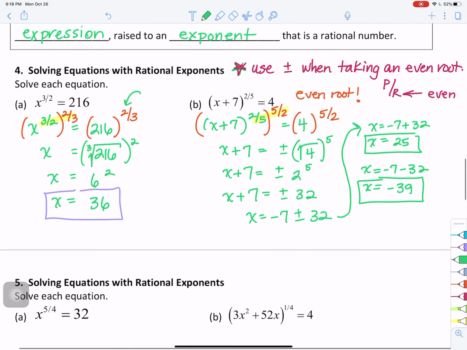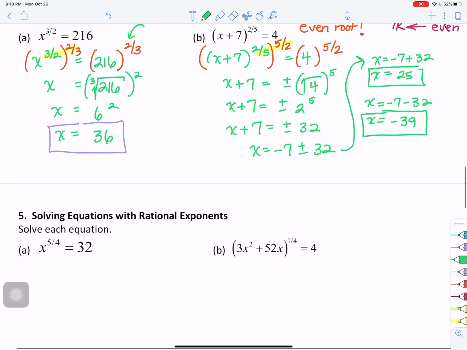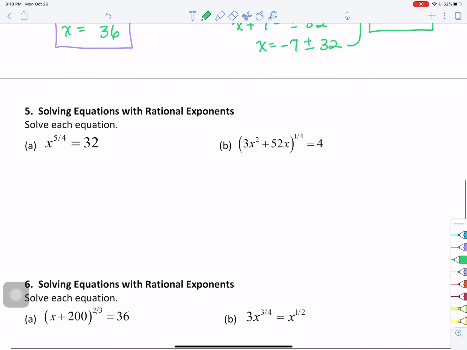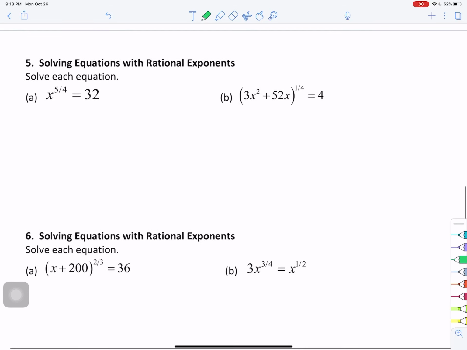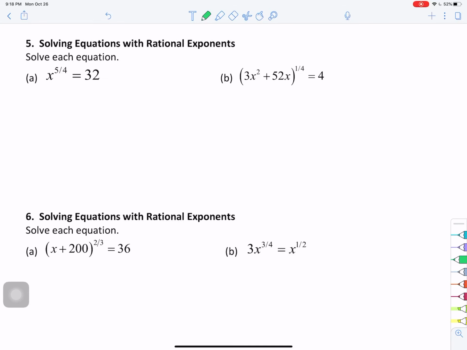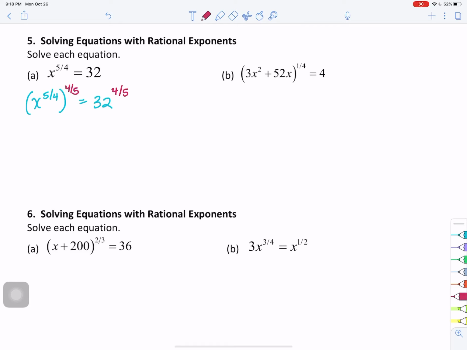Okay, let's try a few more of these. Don't forget, plus or minus if we're taking an even root. So, solving equations with rational exponents, X to the 5/4 equals 32. And you guessed it, we are going to raise both sides to the 4/5 power. Now, this is an odd root, power over root.